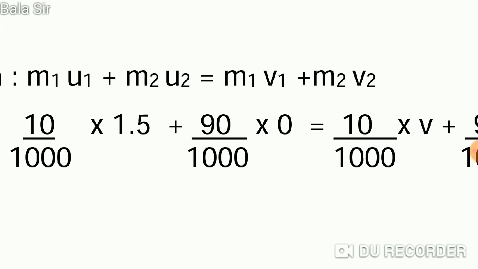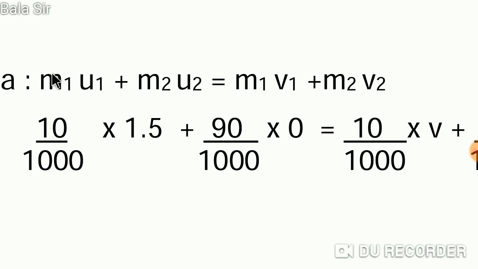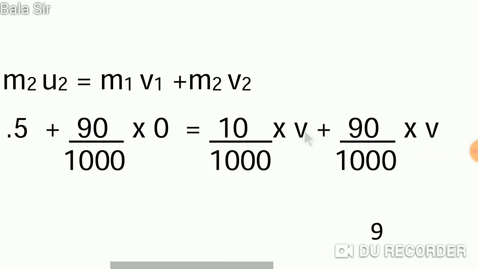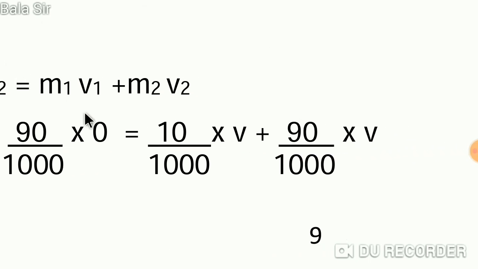So let us apply the values over here. For M1, 10 upon 1000. For U1, 1.5. So M1 into U1 is 10 upon 1000 into 1.5, plus M2 is 90 upon 1000 into U2 which is 0. Again equal, M1 is 10 upon 1000 into V, because V1 and V2 are both equal, plus 90 upon 1000 into V. So let us calculate it.